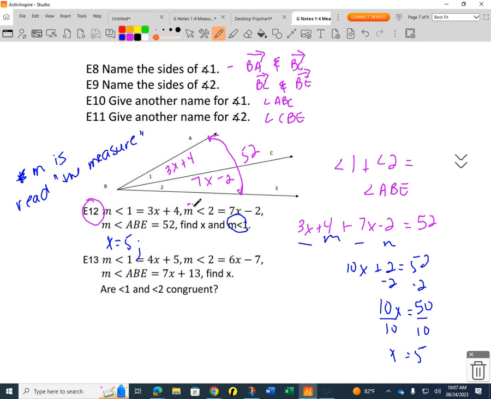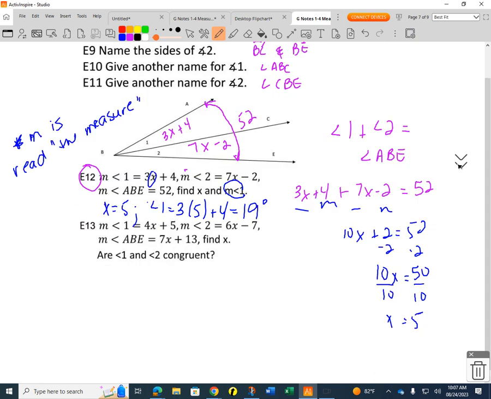So x equals 5, so now if we're looking for angle 1, angle 1 equals 3 times 5 plus 4, plugging in 5 for the x here. So angle 1 equals 19, or 19 degrees. Any questions?